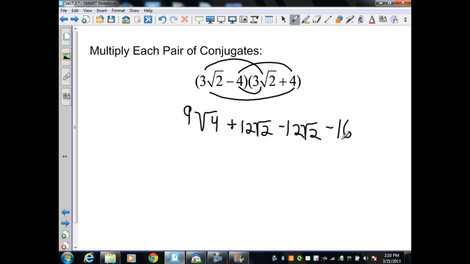Combining like terms, let's simplify first. The square root of 4 is 2. 2 times 9 is 18. My middle terms will drop out. They're like terms. Bring down my last term, which is a negative 16. And simplify, and I get a real number in my denominator. I would continue by multiplying that same conjugate here to the numerator of my fraction.